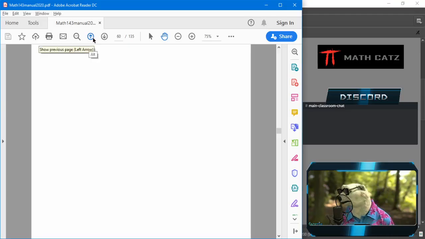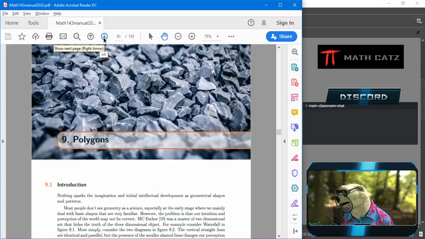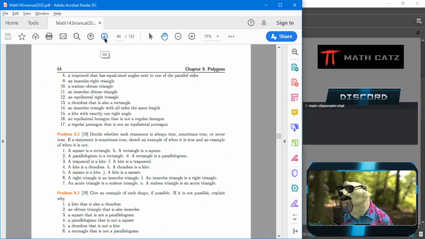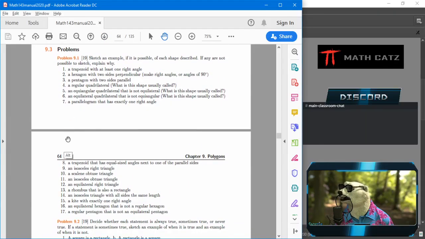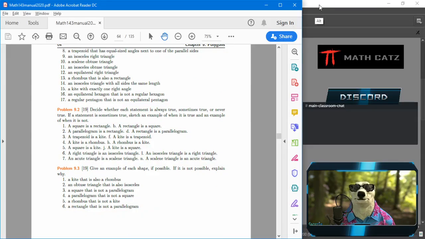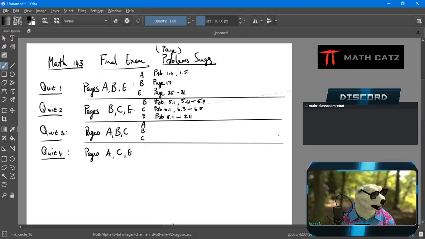You still have to understand the topics, of course. First up, polygon terminology. Oh, that's easy in terms of the problems. You just have to know them all. Problems 9.1, 9.2, 9.3. Problems 9.1 to 9.3.